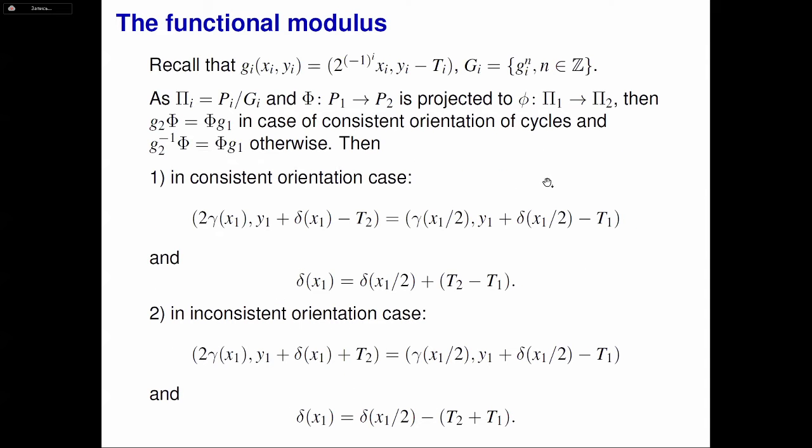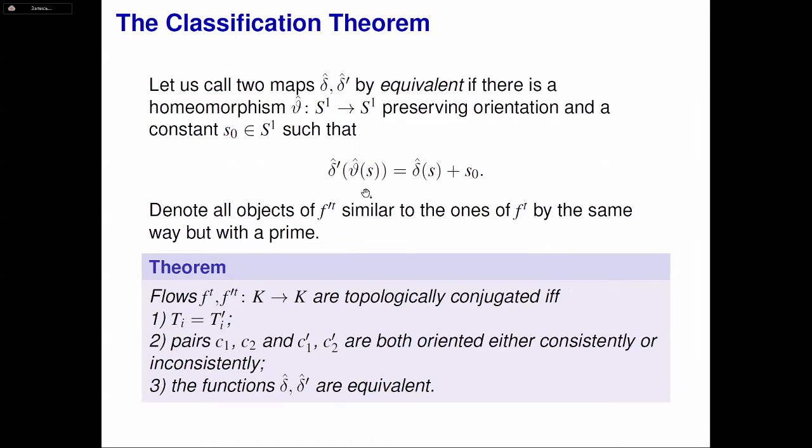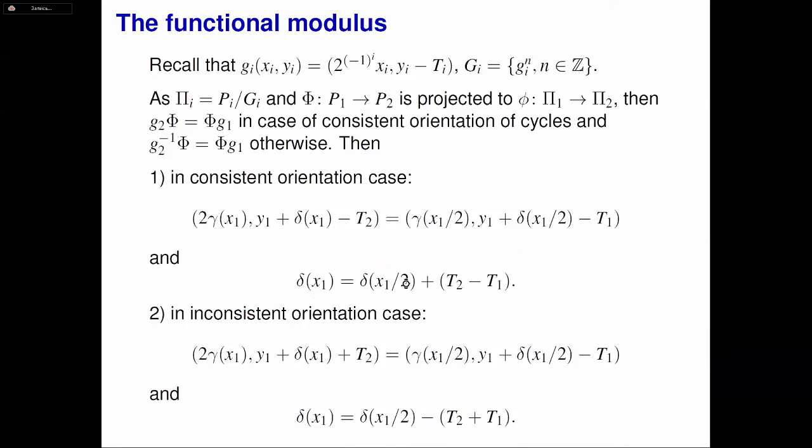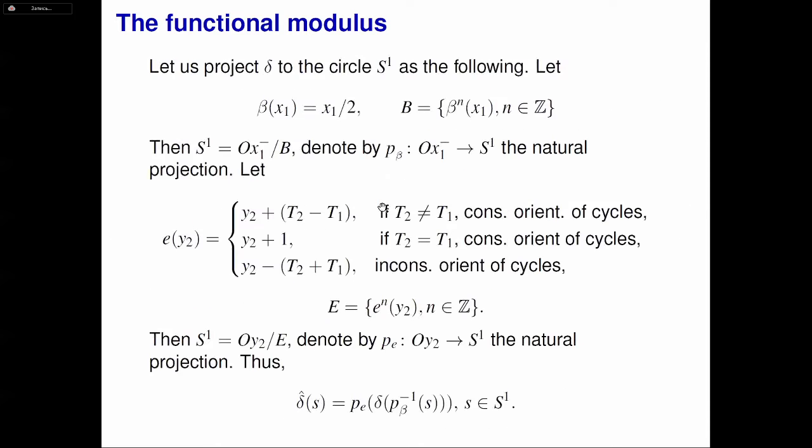Such a function is a modulus, and the main result of the talk is the main theorem: two flows are topologically conjugated if all periods of the cycles are equal, pairs of cycles are both oriented either consistently or inconsistently, and the functions describing the relationships between the two images of horizontal lines on the plane are equivalent.